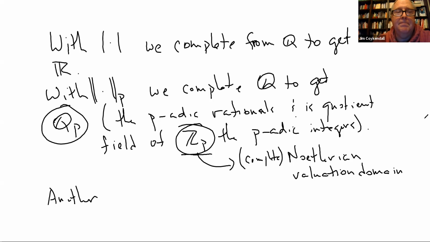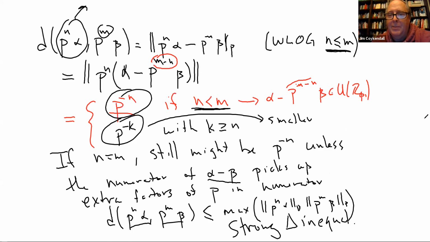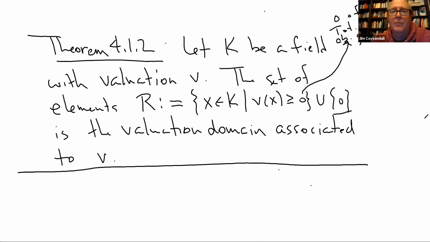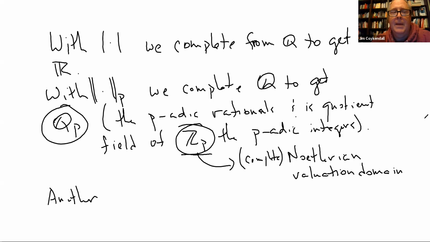And Q_p is just the complete field that you get by taking the p-adic distances, equivalence classes of Cauchy sequences, et cetera. Once you've constructed that, then take the p-adic valuation on that field and apply this theorem 4.12. Just look at everything that's got value greater than or equal to 0, and you will get Z_p, right?